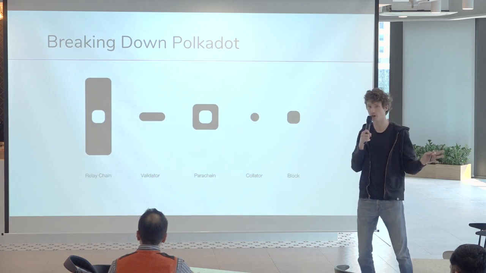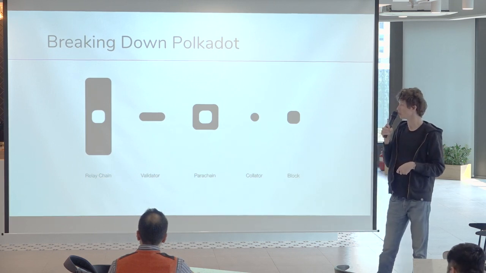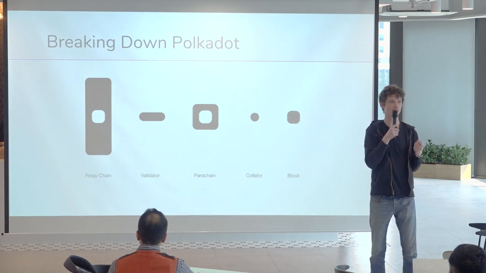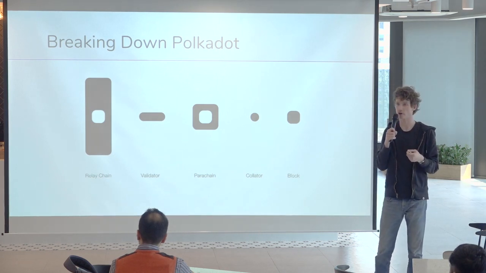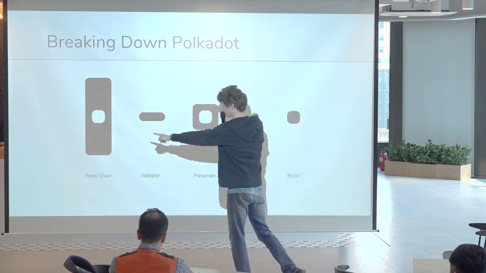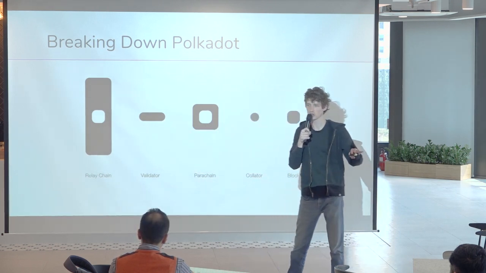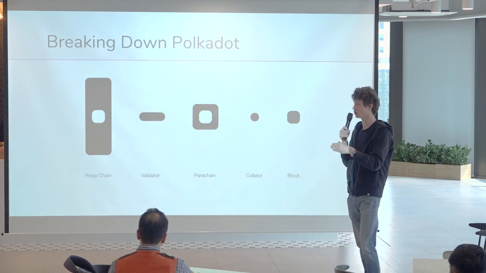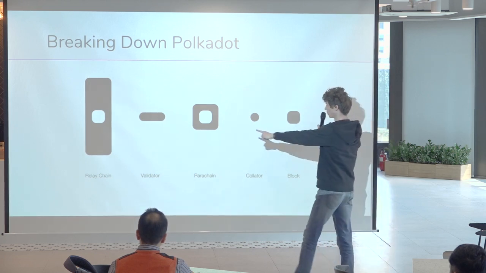So, breaking down Polkadot. It's a little bit of a complicated system, there are many different actors, and the network architecture is very unique. Over here, we have the relay chain, which is basically the networking protocol upon which everything else is built. It relays messages or value between all the different parachains.